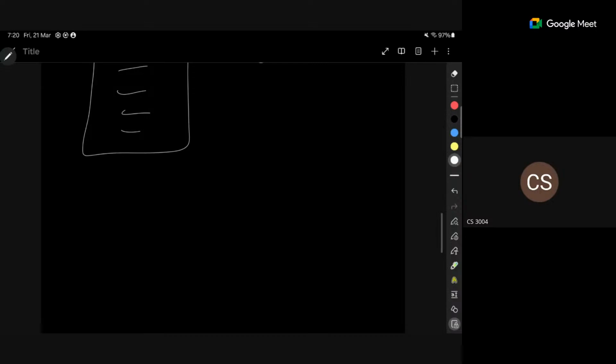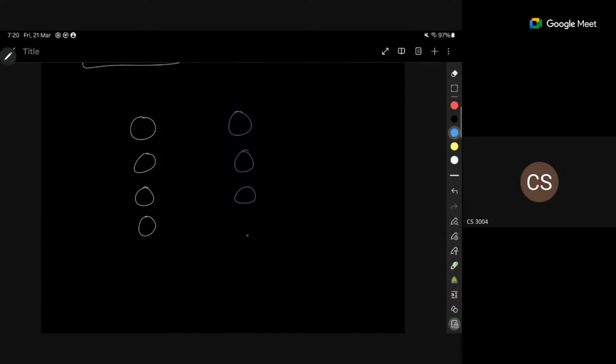Then you'll just train a feed forward neural network. That's all. Let's say this is my input layer, and then let's say this is my hidden layer.